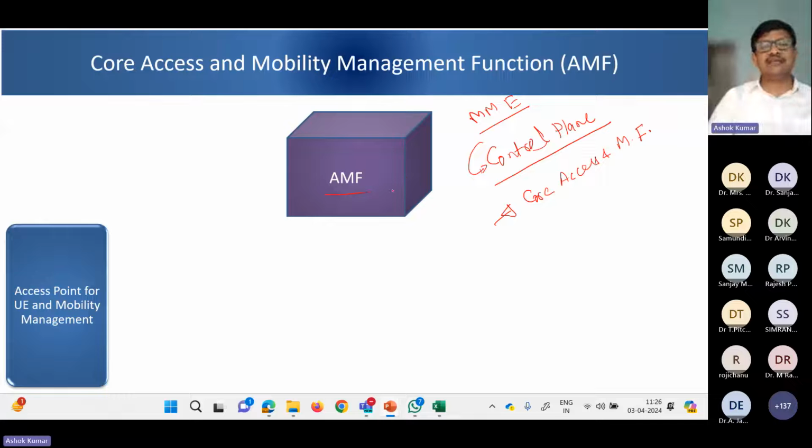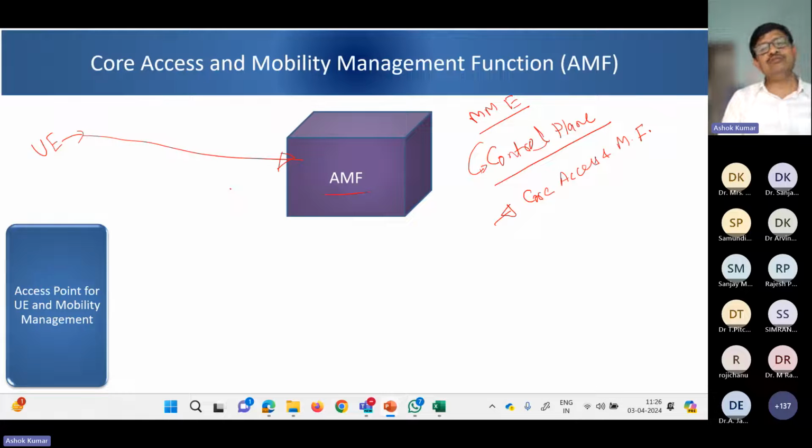As the name suggests, it is an access point for the UE and does mobility management. When we say access point for UE, what I mean is that whenever user equipment connects to the core network for control signaling, it has to connect to the AMF.